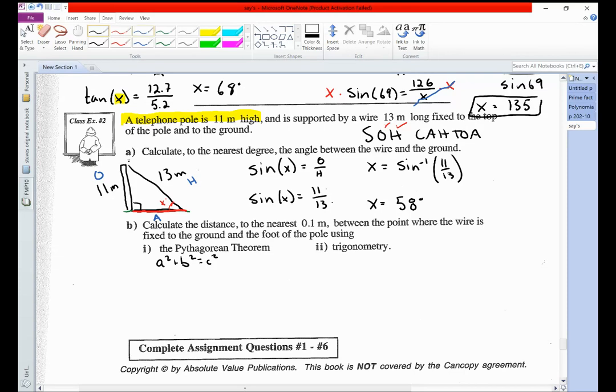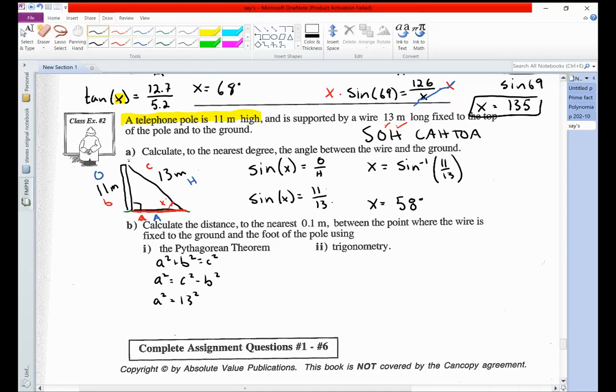We'll leave this one as our a, this side is our b, and our c always has to be the hypotenuse. So we're looking for the a side. So to get the a side, a squared is going to equal c squared minus b squared. So I can plug those values in.